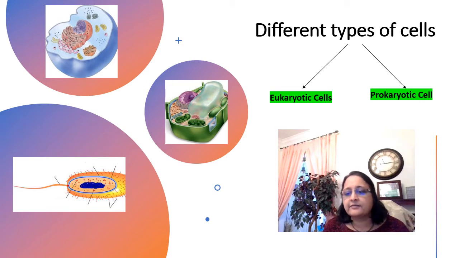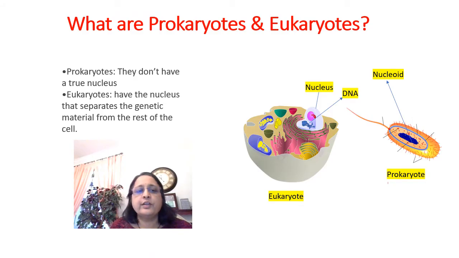Let's discuss that. Before going into details about these two types of cells, let's remember one thing: all living cells contain genetic material in the form of DNA, and it controls all the activities of the cell. Then how do we differentiate a prokaryotic cell from a eukaryotic one?